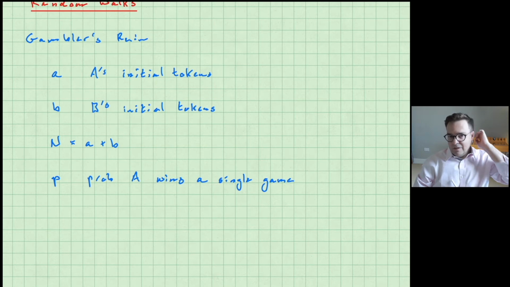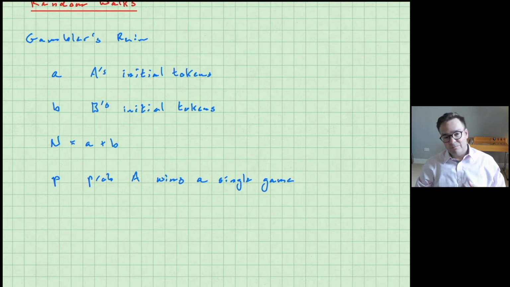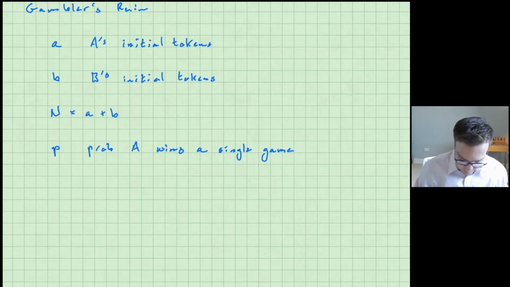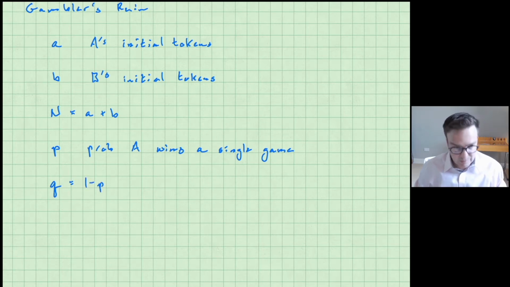And there's a probability of lowercase p that player A wins that individual game. And if player A wins that game, player B gives player A 1 token. And if player A loses that game, player A gives player B 1 token. So that's the setup here. We'll often refer to q as just 1 minus p, so the complement of that probability. So this is the probability that player A loses a game.